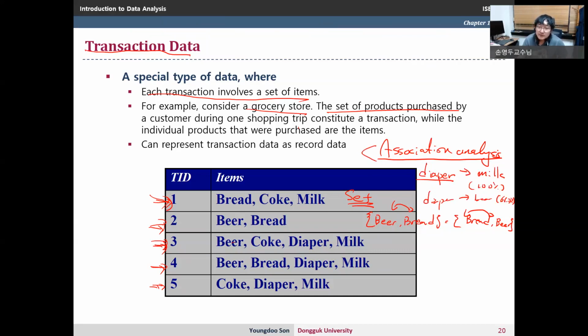The association analysis found these kinds of rules from this transaction data. We will not cover this association analysis in this semester. However, if you are interested in this analysis, please refer to this term, association analysis.